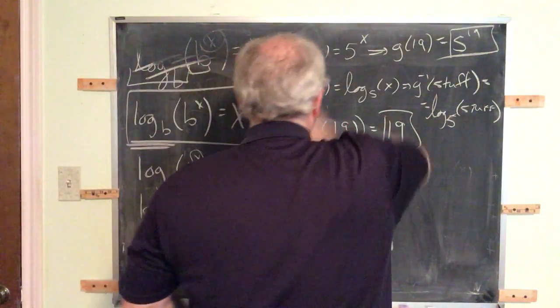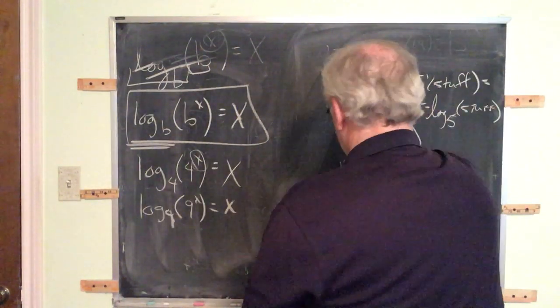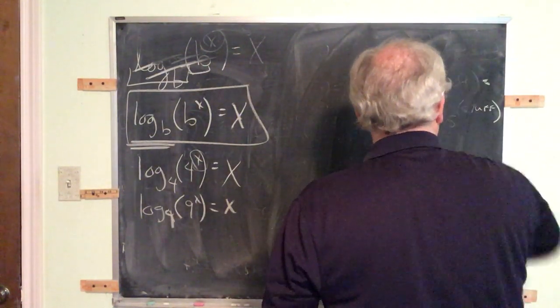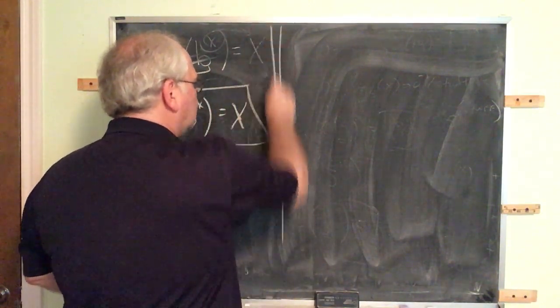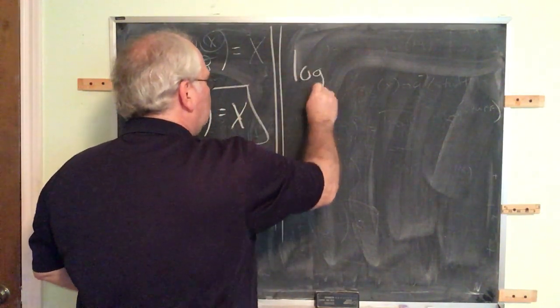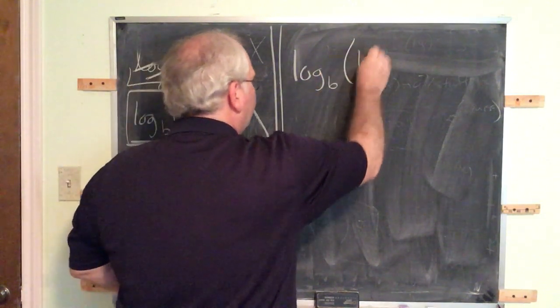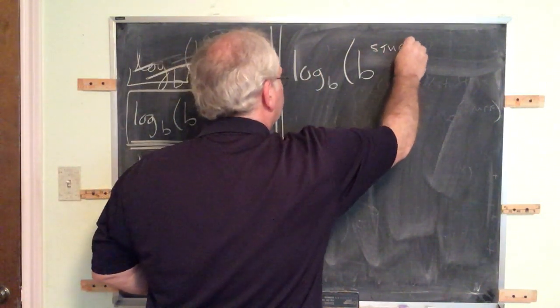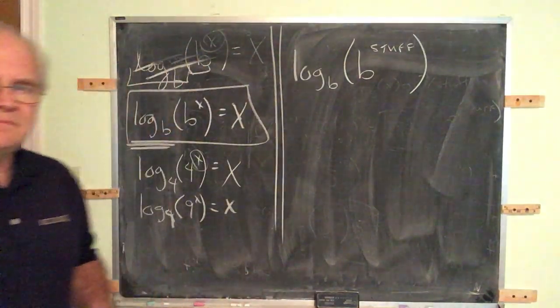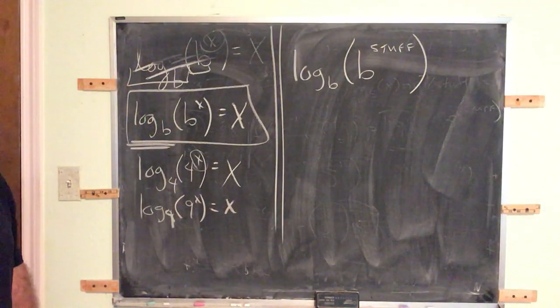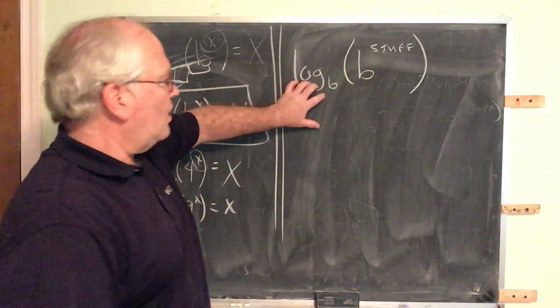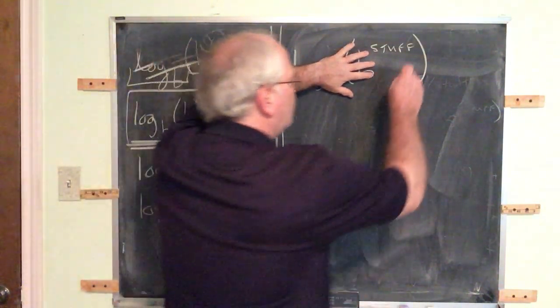So let's write this larger property here. This is not the way you're going to see this in a textbook, but this is a way to think of it. Log base b of b raised to the stuff: the logarithm and the exponential cancel.